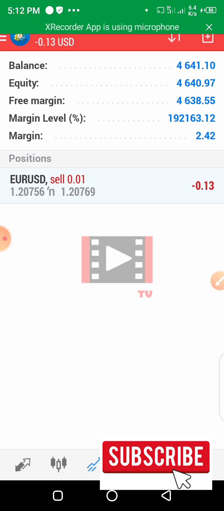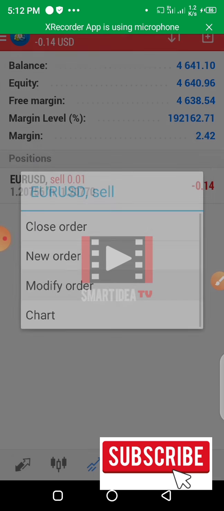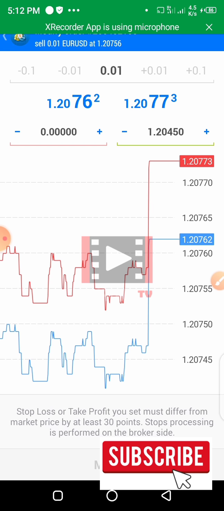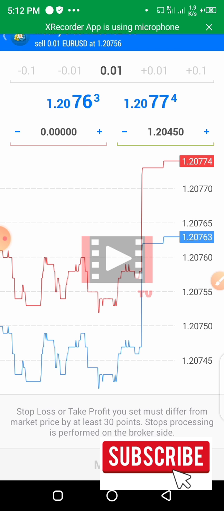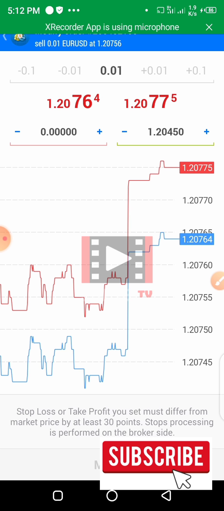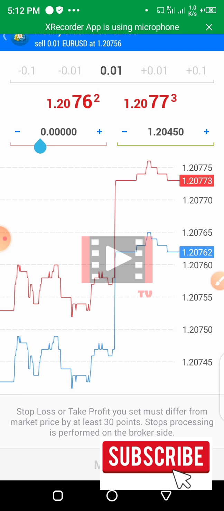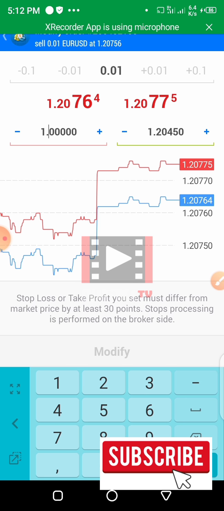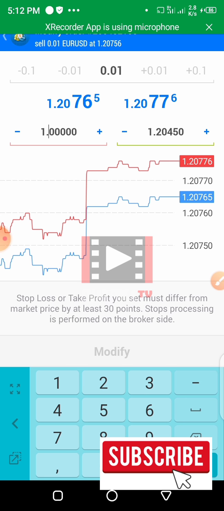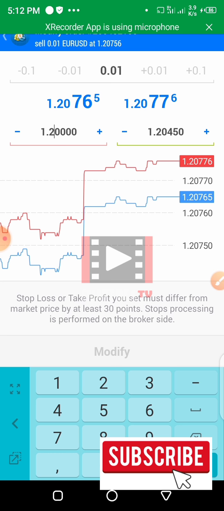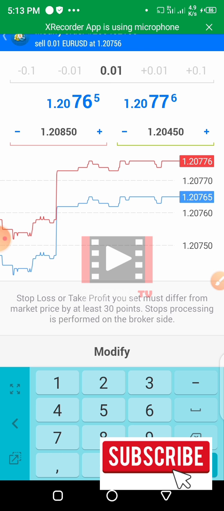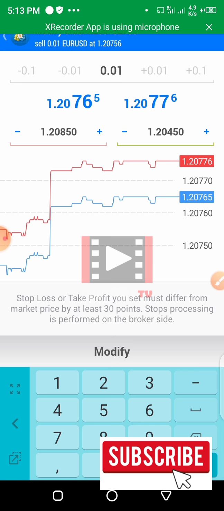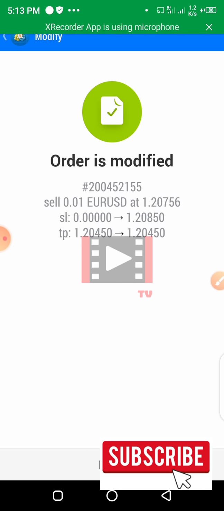Long press on the trade, click on modify. You can see we've already set the take profit. We now go to the stop loss, just click on it, and our calculation for stop loss is 1.2085. Click on modify, and it's already set for you.